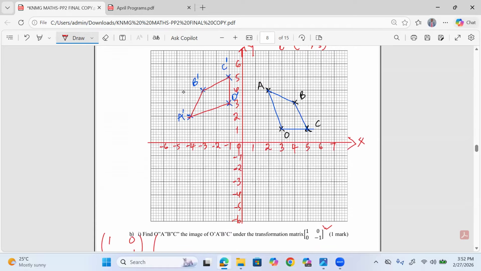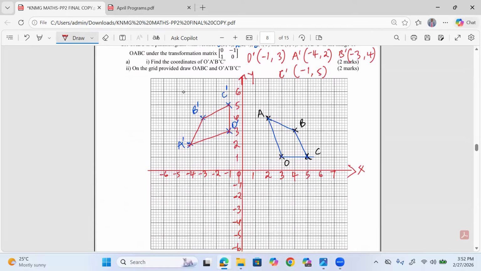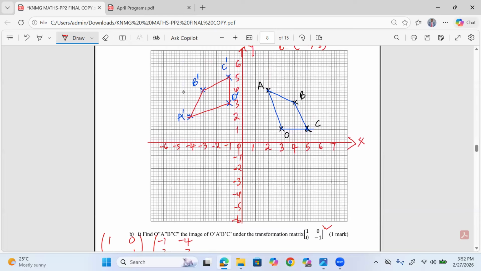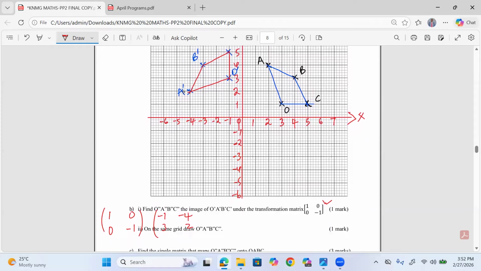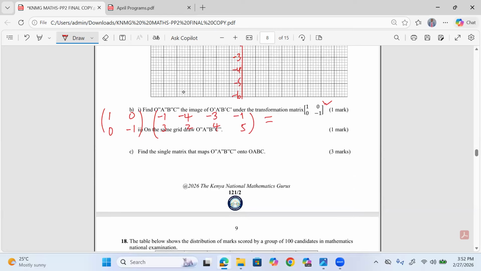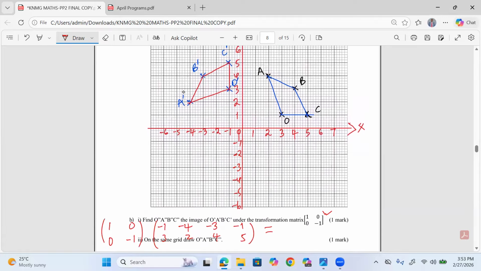The first image that we already got: -1, 3, -4, 2. Is it so? Yeah, then -3, 4, then -1, 5. Can confirm that. -1, 5 here, -3, 4.